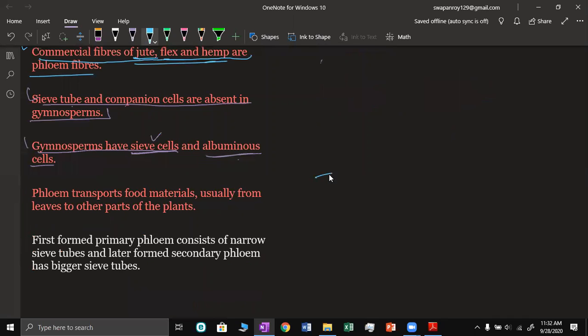The function of phloem is translocation of organic food, that is, the food which is synthesized in the leaf.